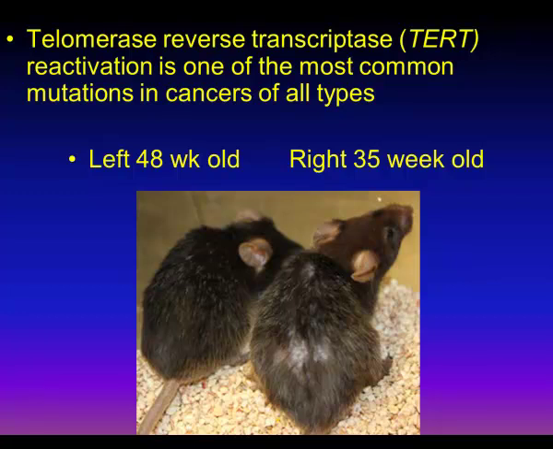And here you're looking at two different mice. The one on the left is 48 weeks old. The one on the right is only 35 weeks old, but TERT has become active in this mouse, and you can start to see the formation of some tumors on the back of this mouse. So this reactivation of TERT can cause cells to become immortal, and of course a tumor is actually just a mass of cells that are growing out of control.